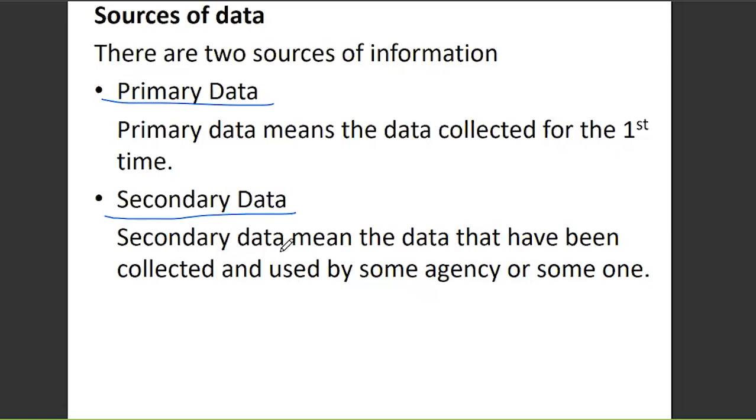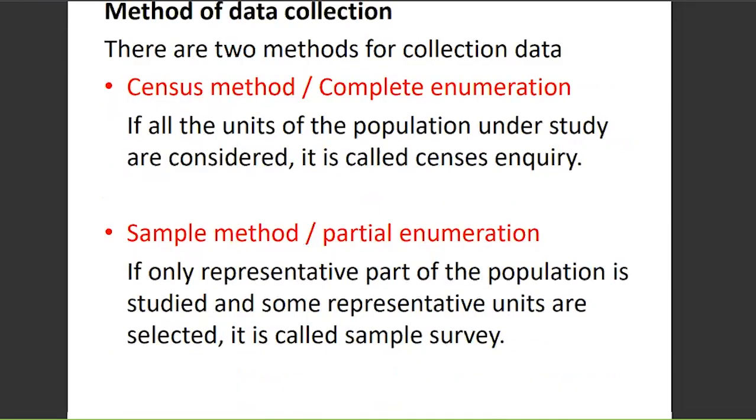Then before getting the secondary data, you have to check whether those data are okay or not, how their accuracy is, whether they were collected in a proper manner. Right? Then the source of data too, how the data were collected.